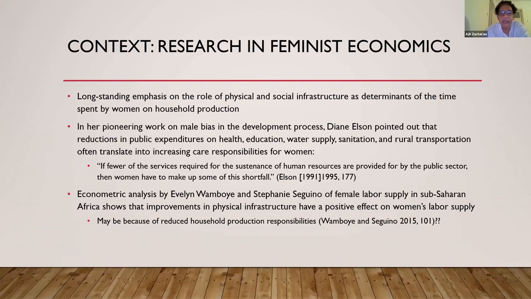Now, they speculate that this may be because of the reduction in household responsibilities, but that's not directly incorporated into the model. So let's look at the two aspects, the context of research regarding physical infrastructure and social infrastructure.